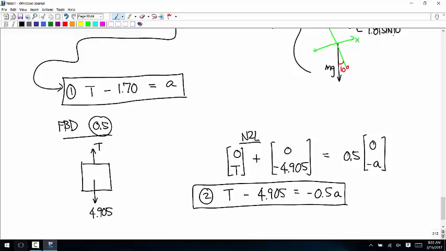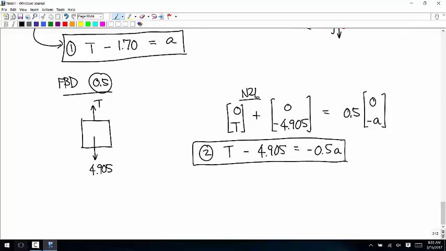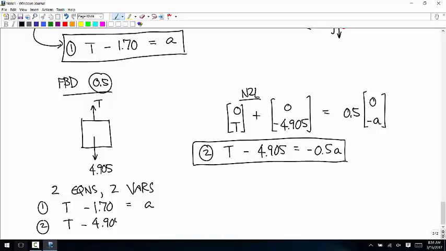And now we have a system of equations that we can solve: two equations, two variables. The first one says T minus 1.70 is equal to A. The second one says T minus 4.905 is equal to negative 0.5A.